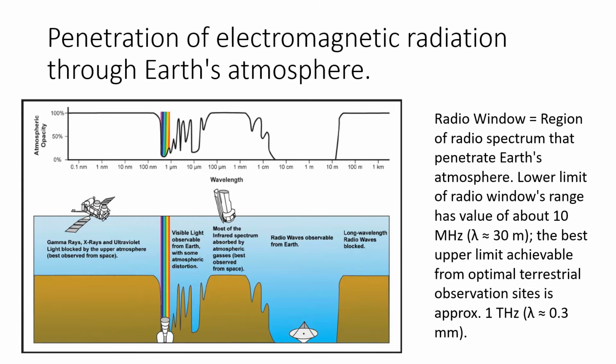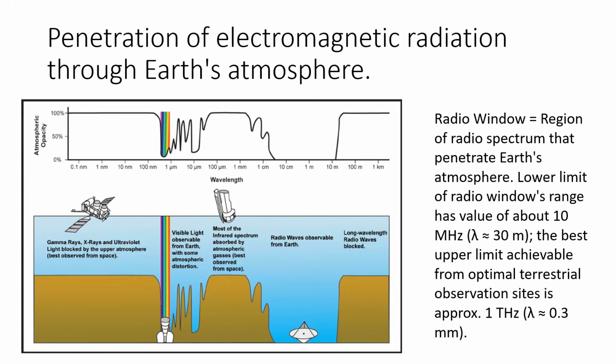So this shows the radio window, as it's called. Basically, it shows a spectrum of light and shows which parts of that light or electromagnetic spectrum reach the ground. And that is demonstrated in the graphic at the top, by which parts of the line get down to 0%.